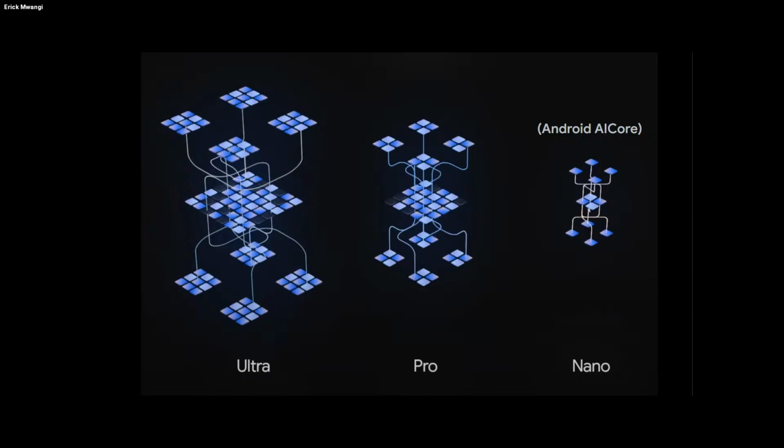Then we have the Pro model, the best model for scaling across a wide range of tasks. It balances efficiency and accuracy, so it will be fast but also more accurate. And then the small model, Nano, which is the most efficient model for on-device tasks. These models run locally on the device, so you don't even have to be online to use them.